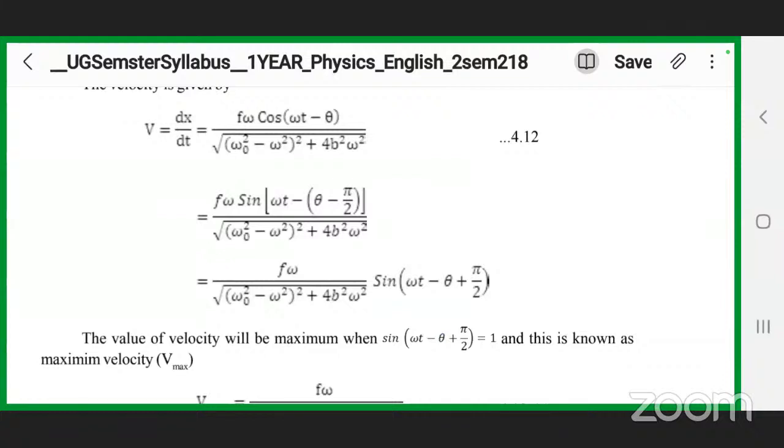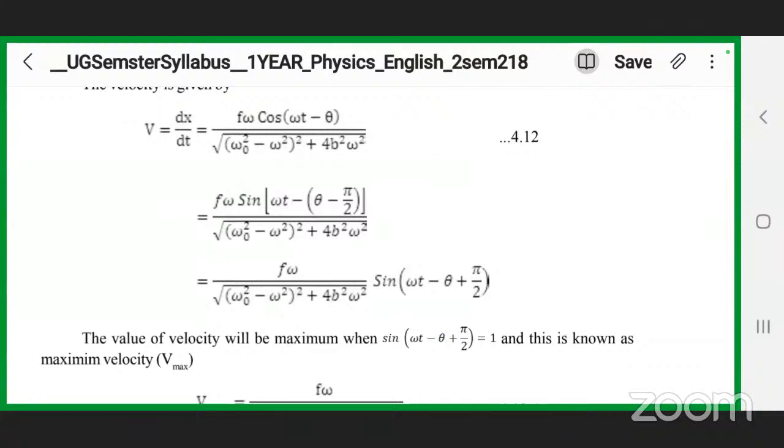So here F omega cos becomes F omega sin of omega t minus theta plus pi by 2.